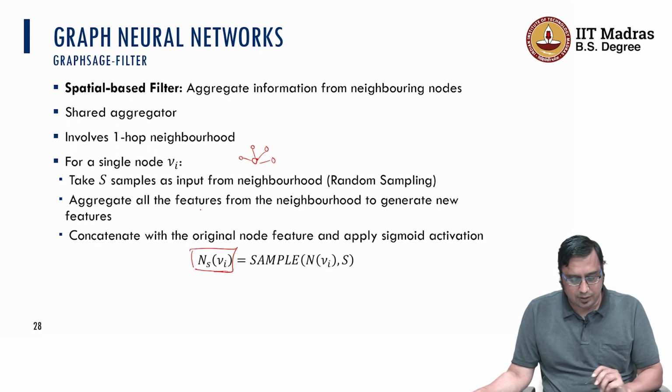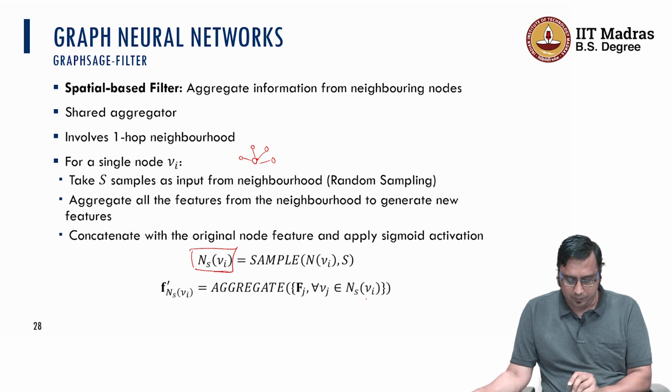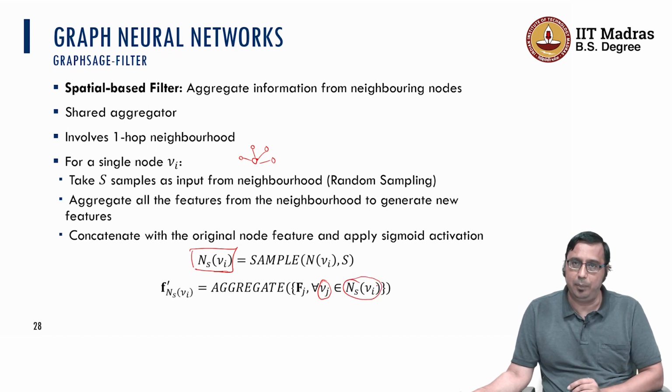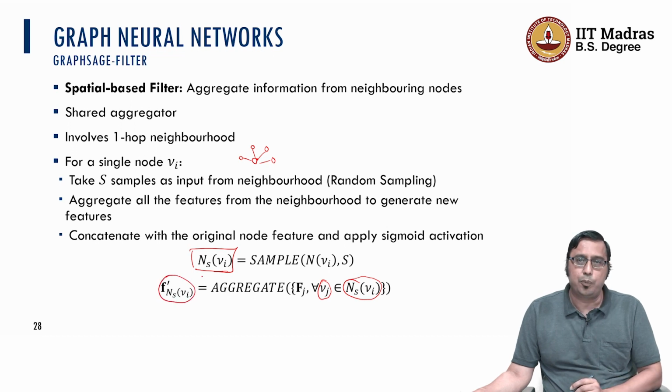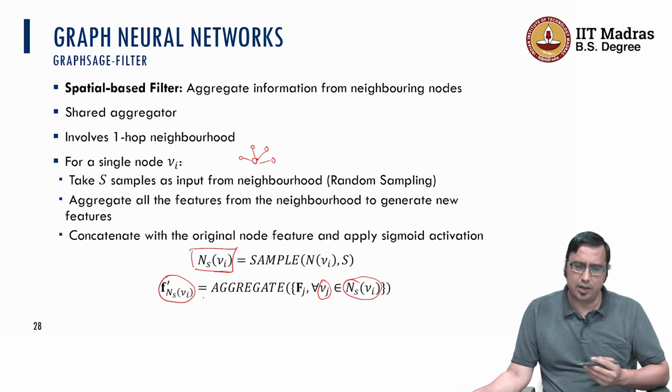Now, I'll use these neighbors to generate new features through aggregation of all the features of these neighbors. So I'll take the nodes which are in this particular set of sampled neighbors and aggregate the features to get my output filter f dash Ns(Vi), or generate new features.